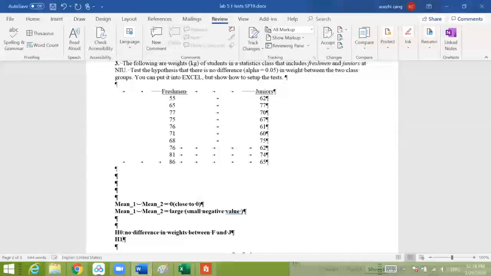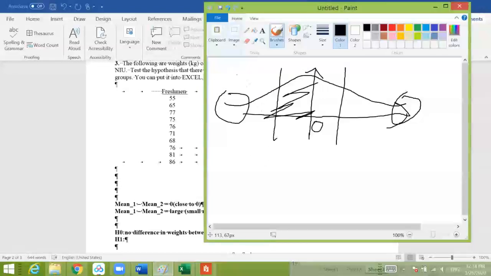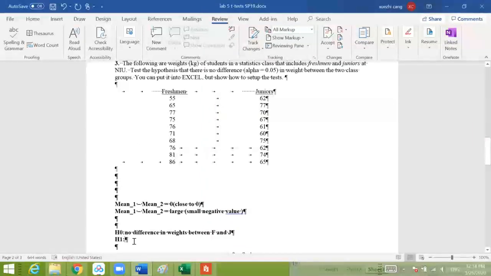And the alternative hypothesis is represented by the tail part, which means the differences in weight exist between freshmen and juniors.